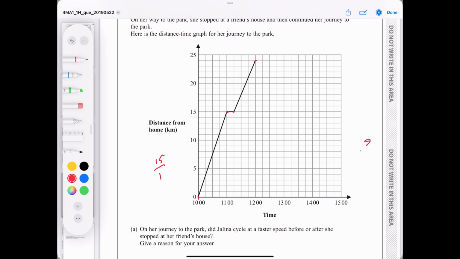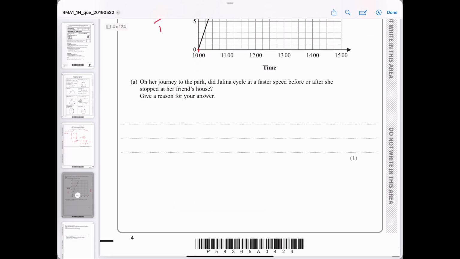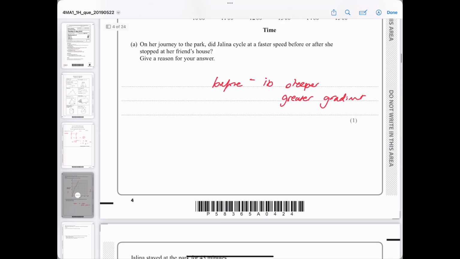So 9 kilometres in, I think, 45 minutes, so 0.75. Let's just check that, 9/0.75. I don't think it's bigger, it's 12. Right, so that means the before is the answer because it's steeper, or it's got a greater gradient, because we find the gradient by doing rise over run.